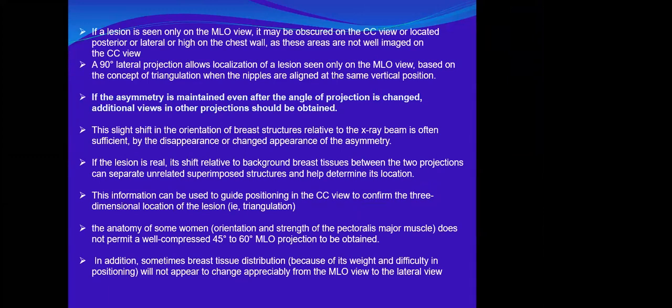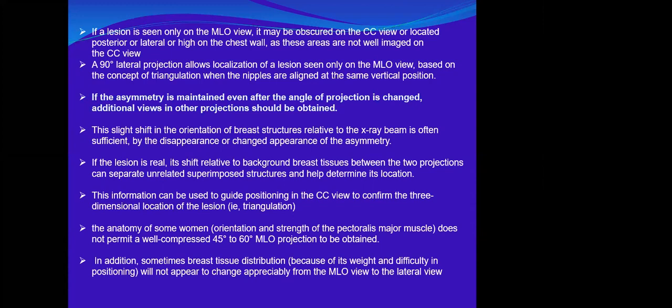So a 90-degree lateral projection allows localization of the lesion seen only on MLO, based on the concept of triangulation when the nipples are aligned at the same vertical projection.